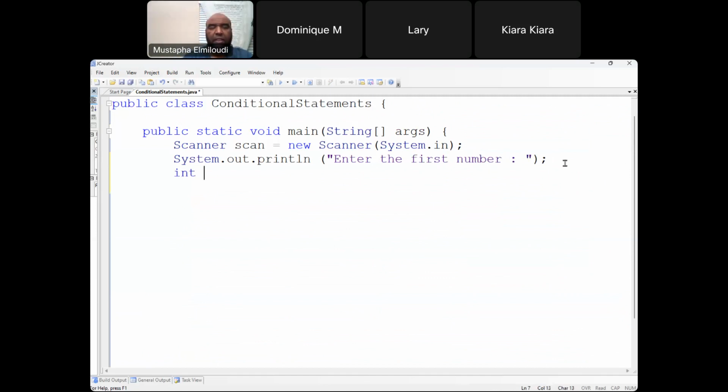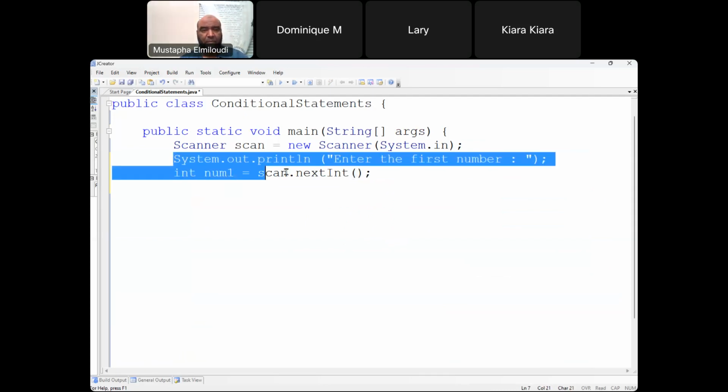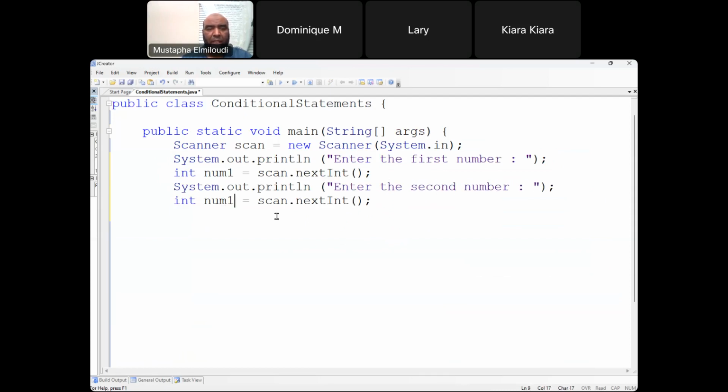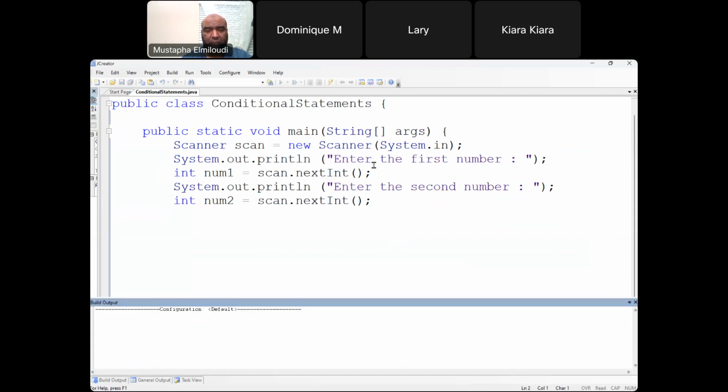So let's say here we have num1 equals scan.nextInt. And then I'm going to copy this, and then I'm going to put the second number, num2. Okay, check if there is an error here.